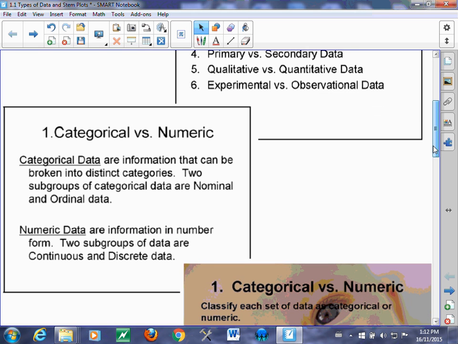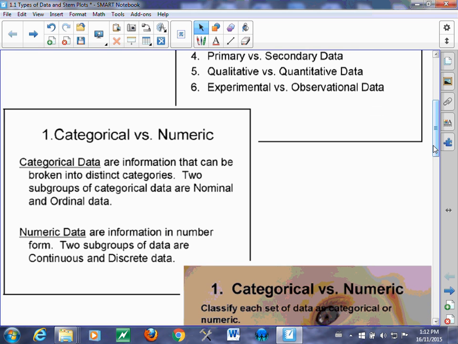So let's take a look at the first one, categorical versus numeric. Categorical data is information that can be broken down into distinct categories. Two subgroups of the data are nominal and ordinal data. Whereas numerical data is broken down into a number. So for example, categorical could be, what is your favorite color?